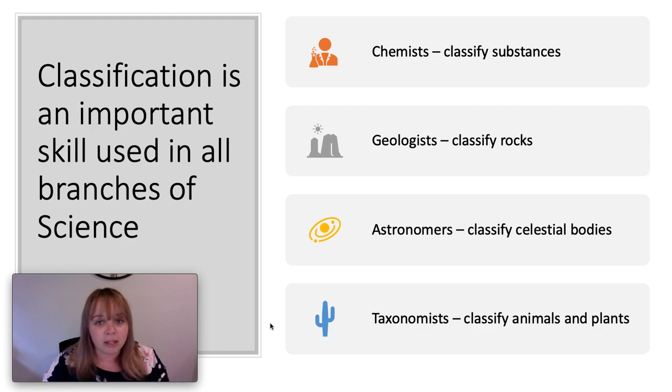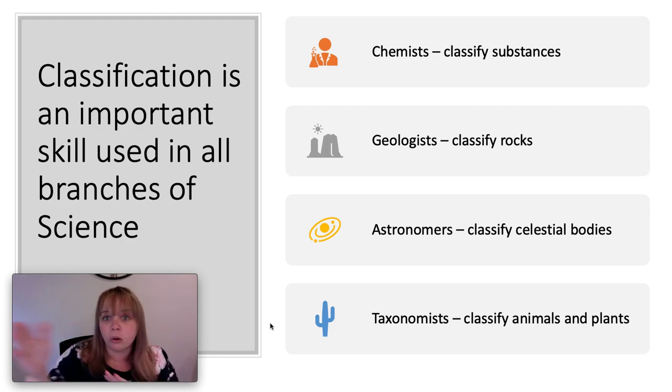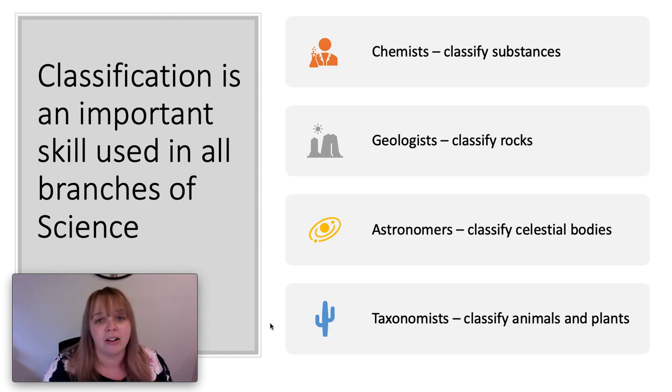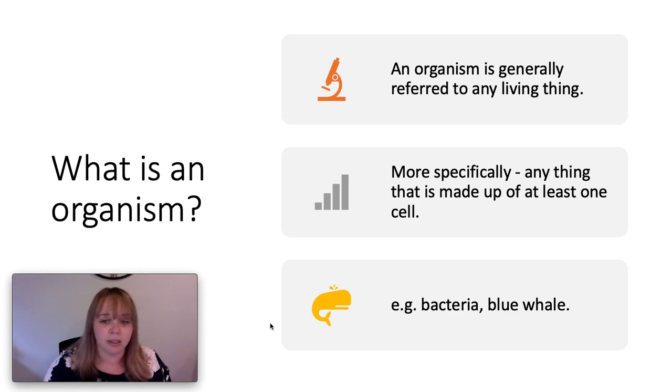So a taxonomist's job is to classify animals as well as plants, as well as other things like bacteria and fungi and anything that's a living thing. That's what a taxonomist wants to classify. So when we learn classification in science, it applies to all the different sciences. However, this time we're going to be focusing on classifying animals.